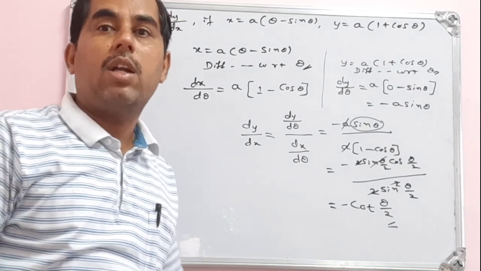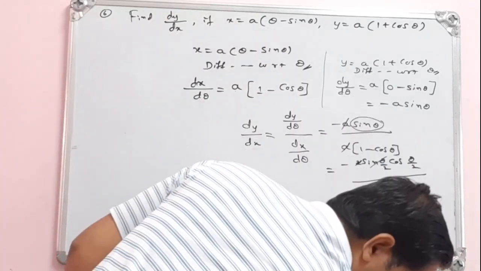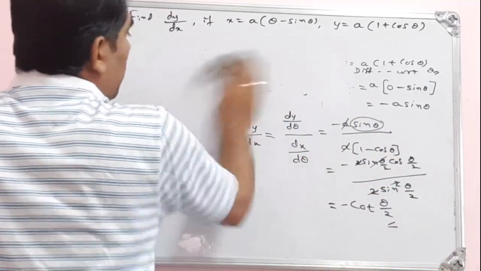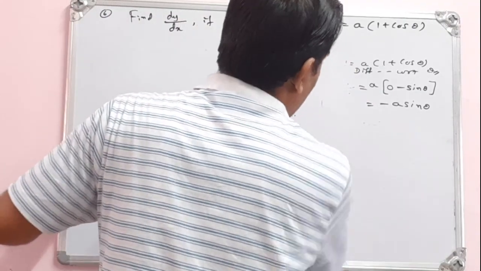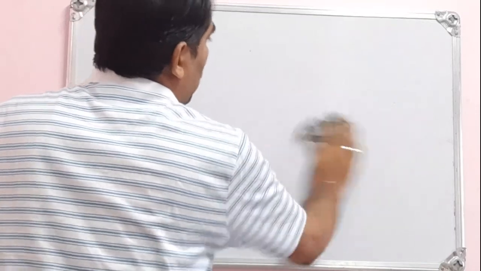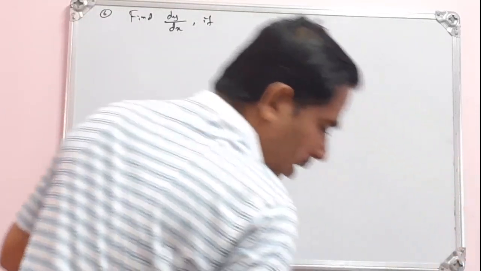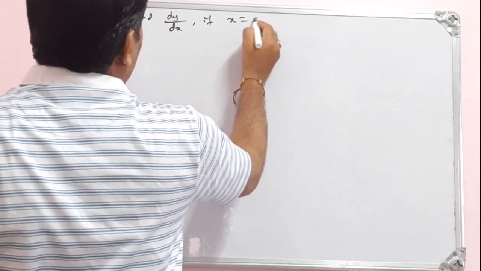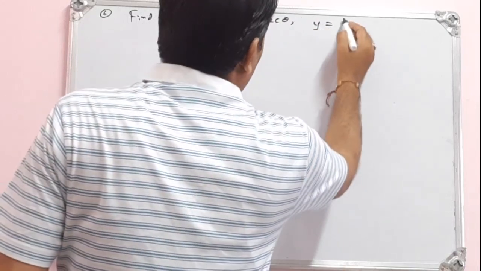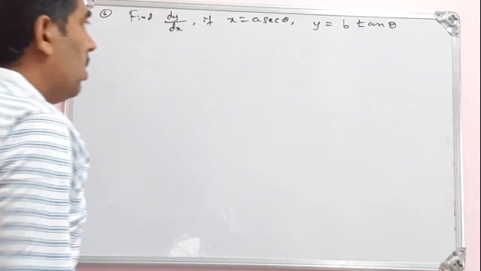So in this way we can get the derivatives of parametric functions. Let me consider another problem. Find dy by dx if x equals a secant theta and y is equal to b tan theta.